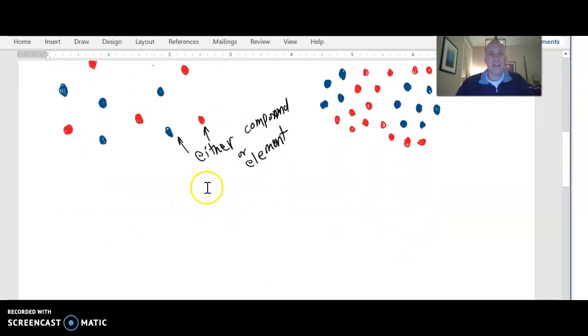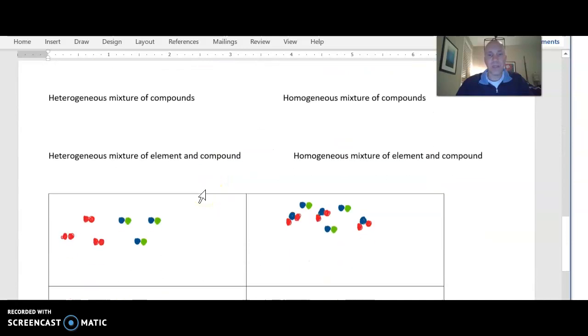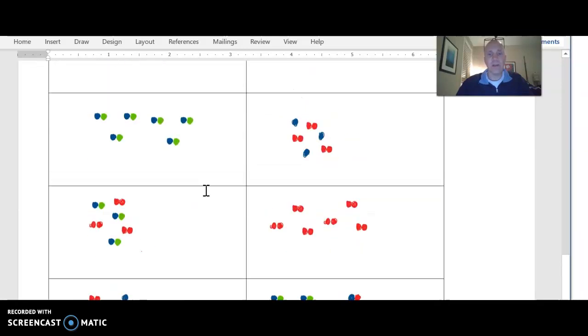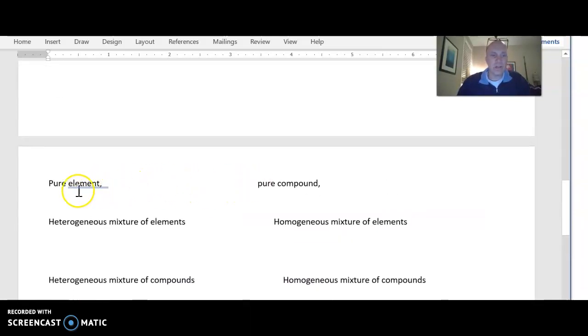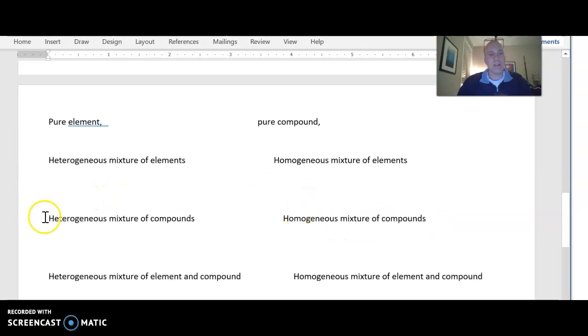So a good way to practice this is this example right here, and I provided a copy of this file on my Canvas page, so if you want to take a look at it, you can. There are 8 different choices here. Either it's a pure element, a pure compound, a heterogeneous mixture of elements, a homogeneous mixture of elements, and you can read the rest of these.